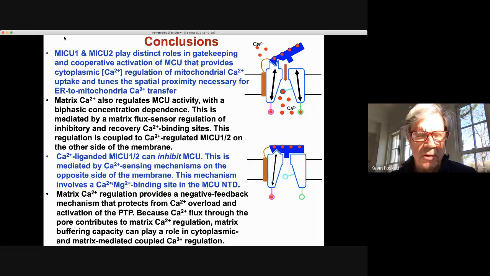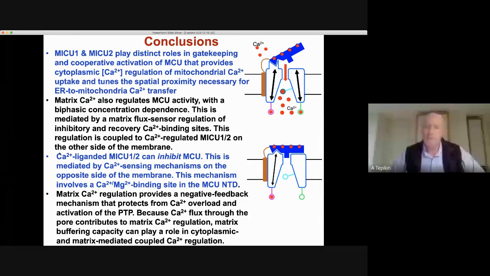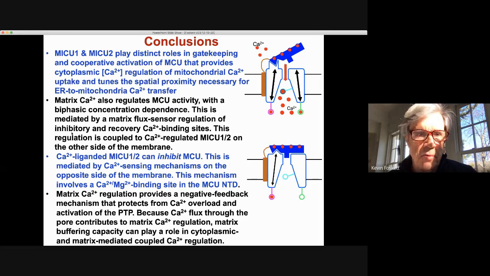So, since we've defined that and others have defined that as being in the 1 to 2, 1.5 micromolar range, you have to be pretty close to the source of calcium, because most agonist-induced changes are less than that. So, depending upon how close the mitochondria are, if they can't fit into that space, then they're not in that nanodomain. So I can't really say much more about it than that.